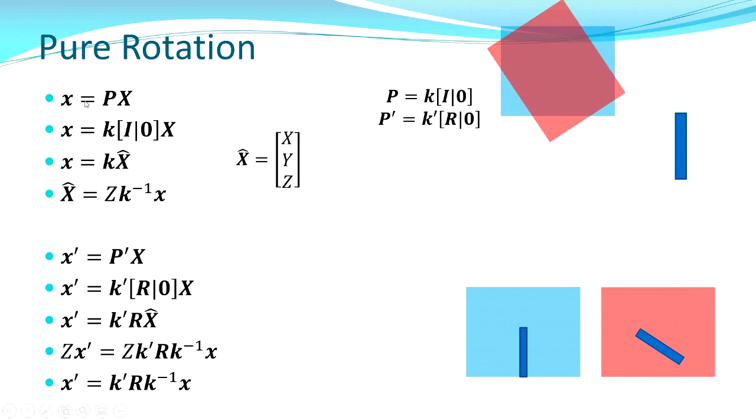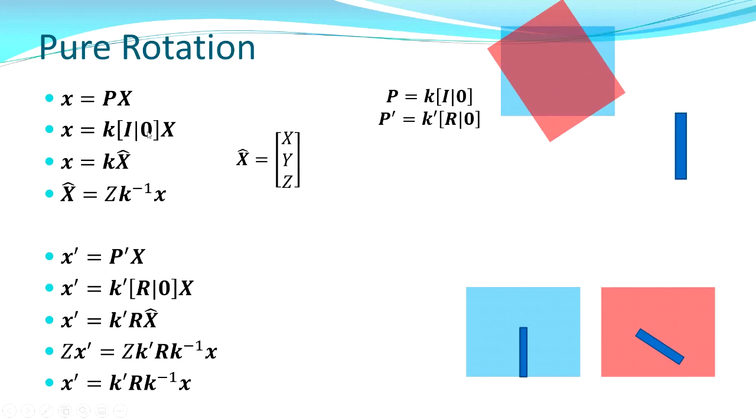So we have x equal to PX. For this blue square, let us consider that as having camera matrix P, and the red is having camera matrix P dash. So x are points on the blue image plane. So x is equal to PX, just putting this P again, and this becomes like this.